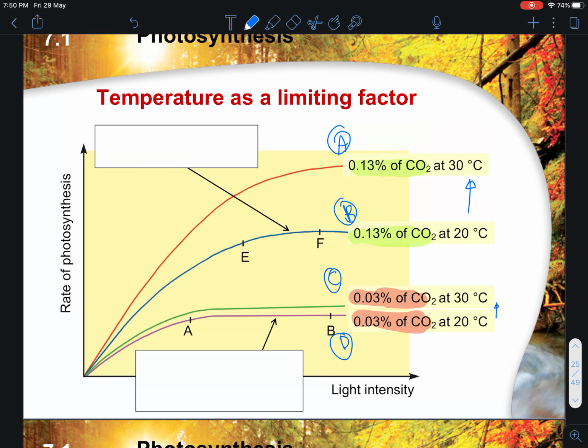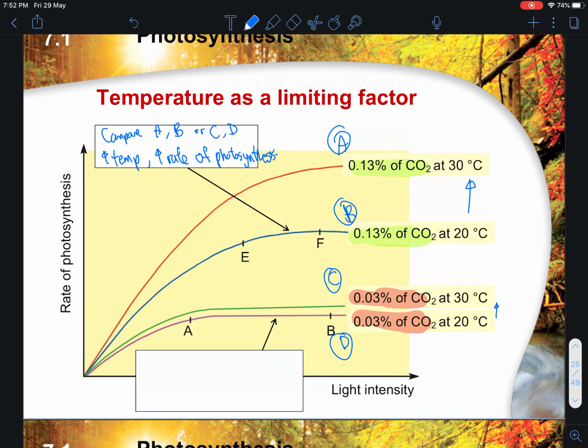Now, what happens if you want to compare otherwise? So let's say you want to compare, I write here, AB or CD, you could say that increased temperature increases the rate of photosynthesis. However, this one is CO2 the same. So now if you want to compare CO2, there's also light here.